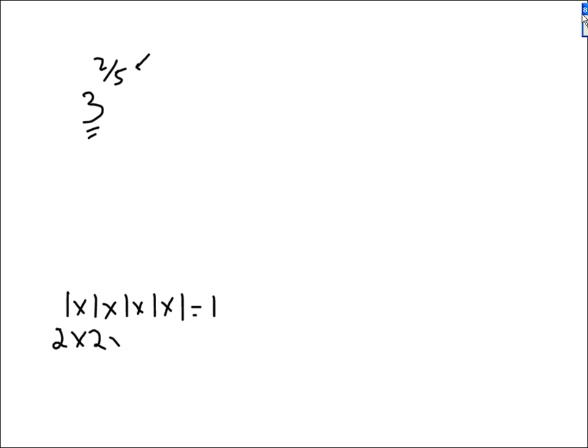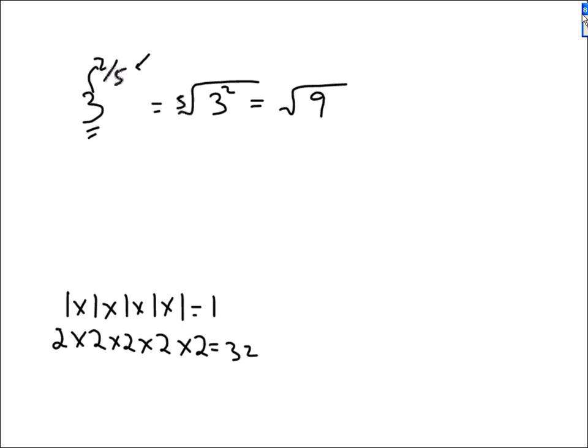That's too big. 4, 8, 16, 32. Notice I'm multiplying 5 times. So you can't do that. Keep in mind that this is really 3 squared to the 5th root. 3 squared is 9. So the best you can say is it's the 5th root of 9.